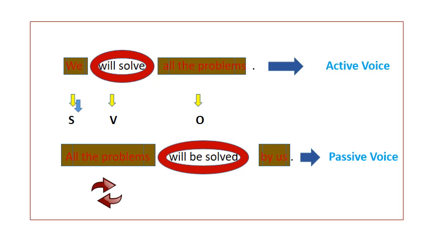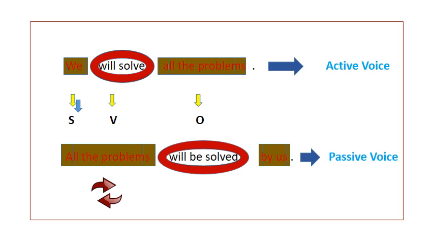In the same way, the subject of the verb in an active voice becomes the object of the verb in the passive voice. So the subject of the verb here is "we," and it will become the object of the verb in the passive voice. So this "we" has become "by us" in the passive voice.